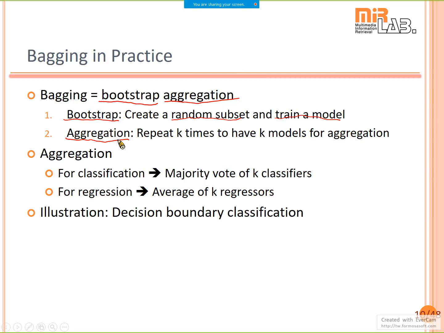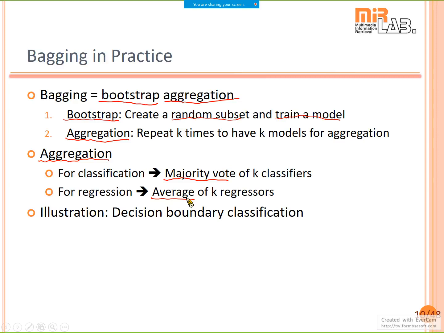And then we can aggregate the k models to get the final output. For the aggregation part, especially for classification, we can perform a majority vote or a weighted majority vote. And for regression, we can simply do an average.